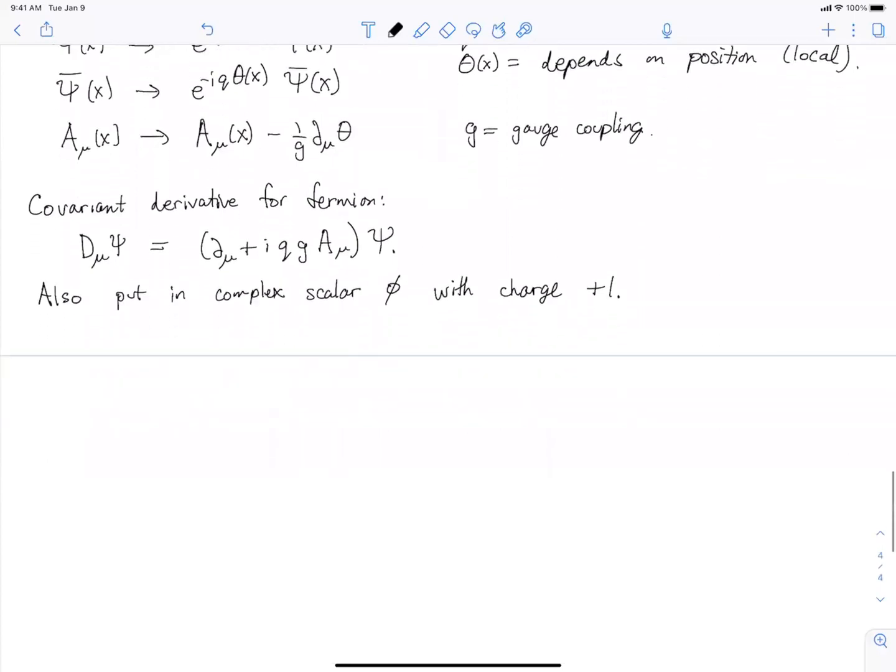Okay, and so what that means is that phi of x transforms under the symmetry into e to the i theta of x, phi of x. And phi star, of course, transforms in the opposite way.